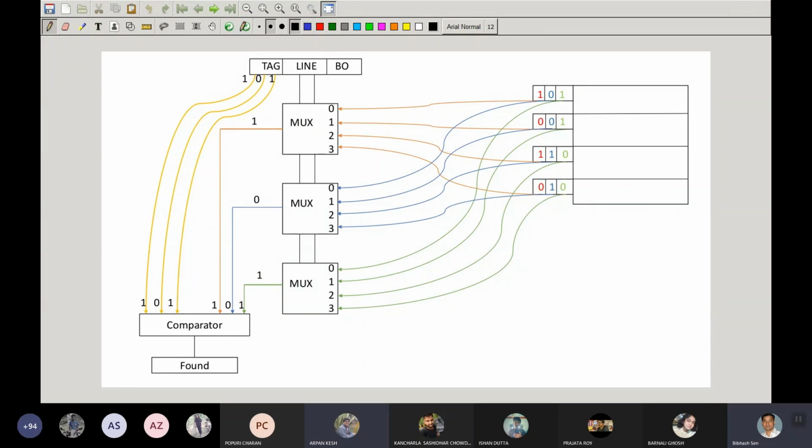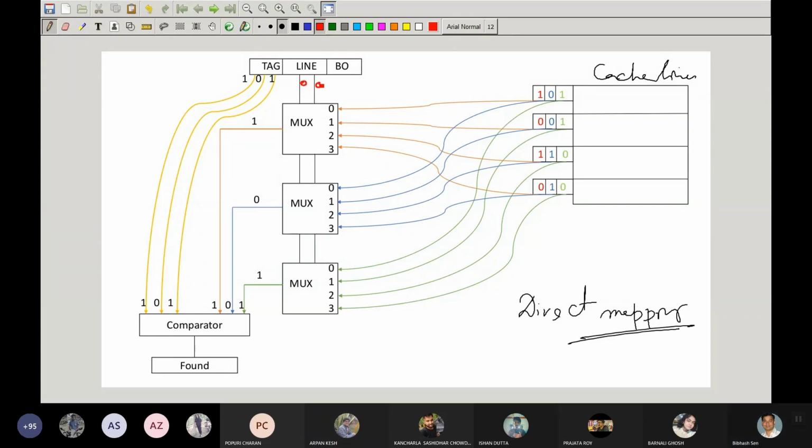Okay. Now, this is the last class regarding the direct memory. To understand it, I would like to highlight that. Suppose these are all the different cache lines. So these are the cache lines, and suppose I have chosen 00.